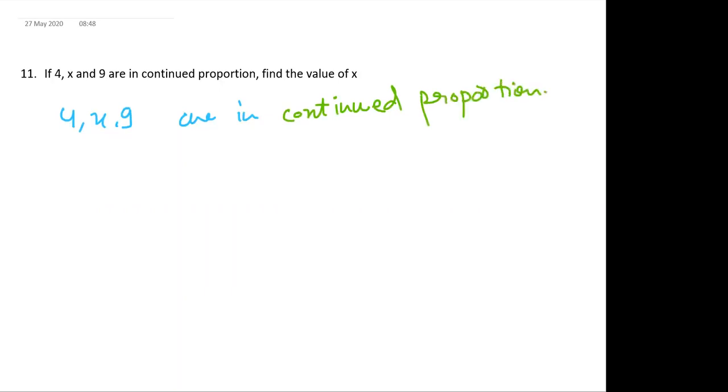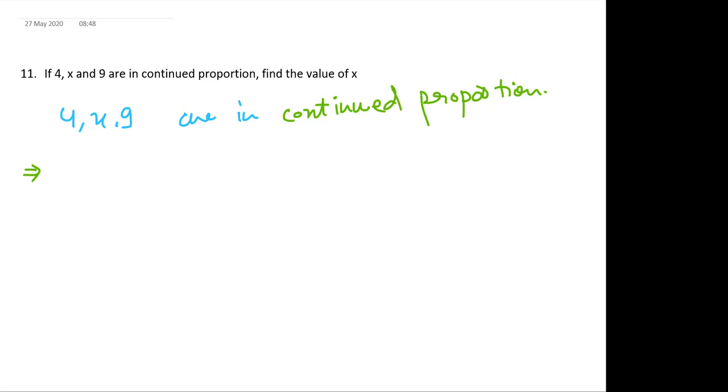If three numbers are in continued proportion, how do we make the relation? Can you write the relation? Do not write the answer. Better write the relation if you can. Because the answer you can copy from the answer sheet, but if you know how to write the relation between them, then I will.